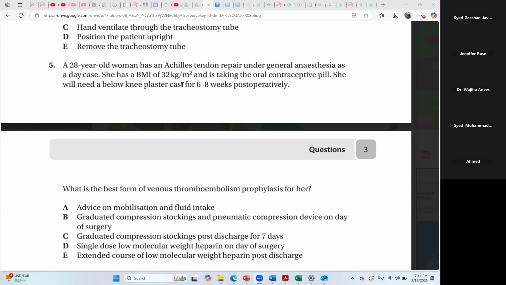Maybe the patient has some immobility. General anesthesia itself is a risk factor for thromboembolism, especially if the surgery is prolonged. So prolonged surgery is another risk factor. This patient was also on OCPs, and she will need a below knee plaster cast.